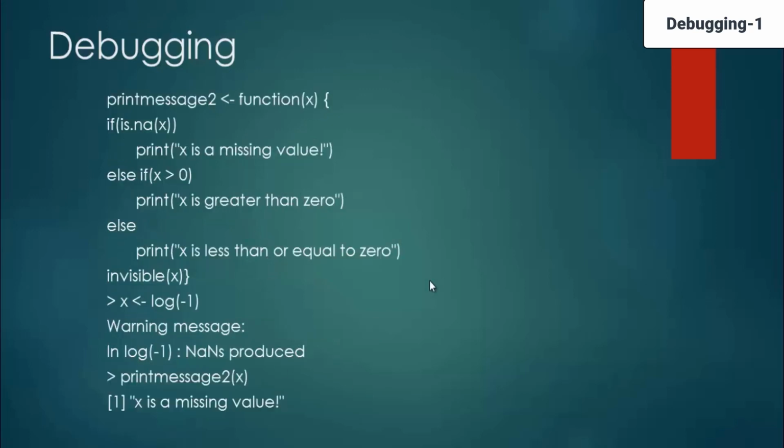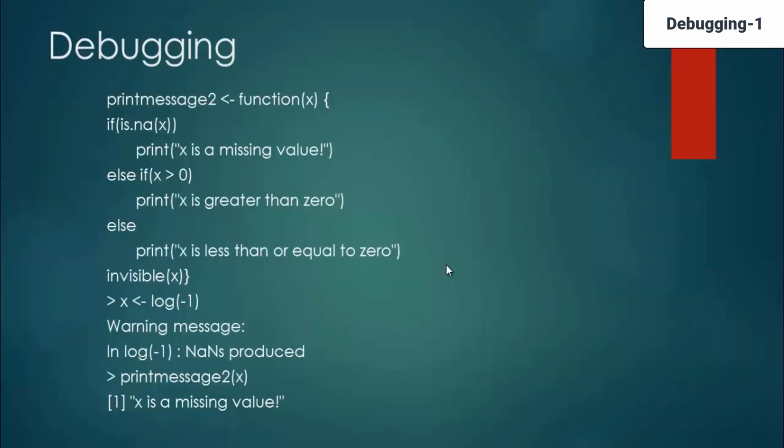Moving on, the same way, x of log of -1 will give you the warning message NaNs produced, and print message 2 of x will give you x is a missing value. We'll finish this class with the last function that we discussed, and we will take more into debugging in detail in our next sessions.